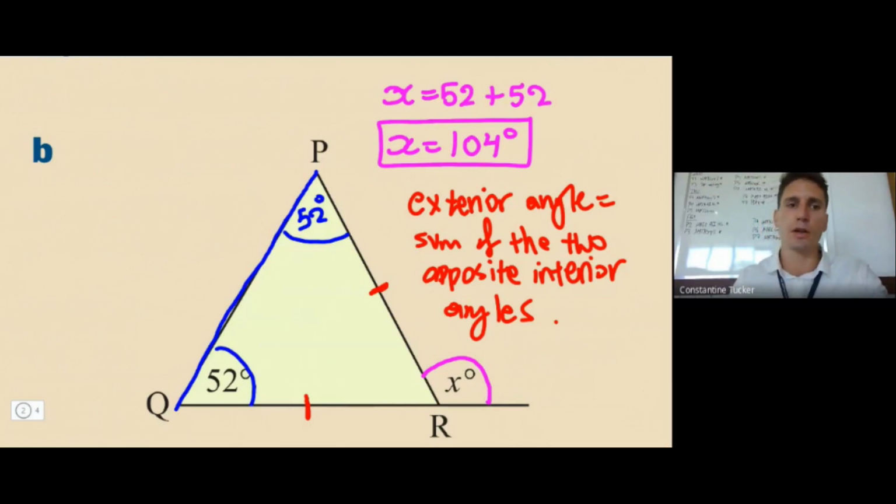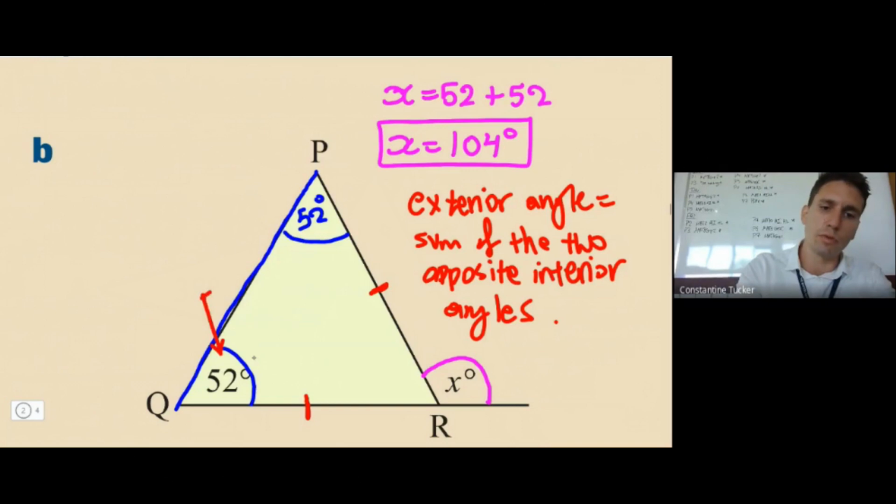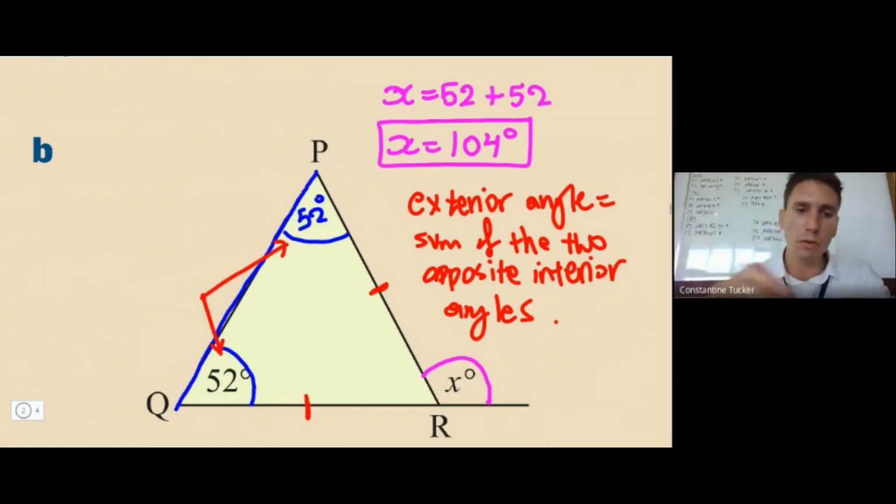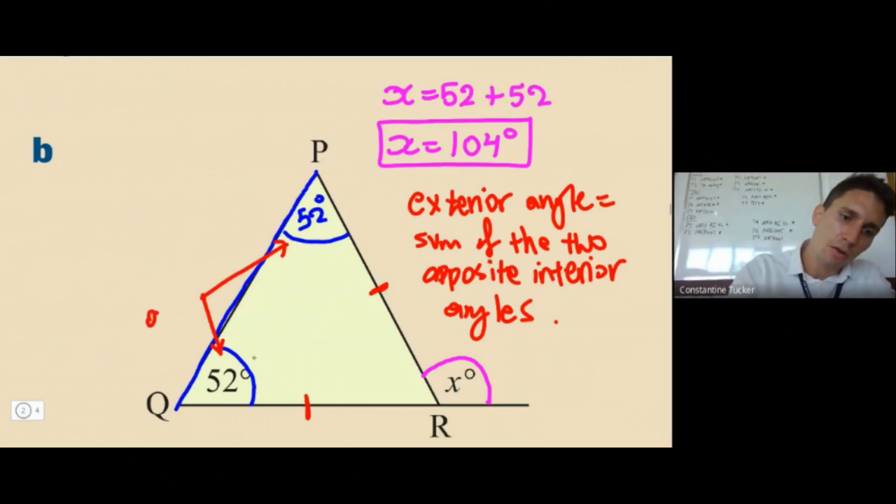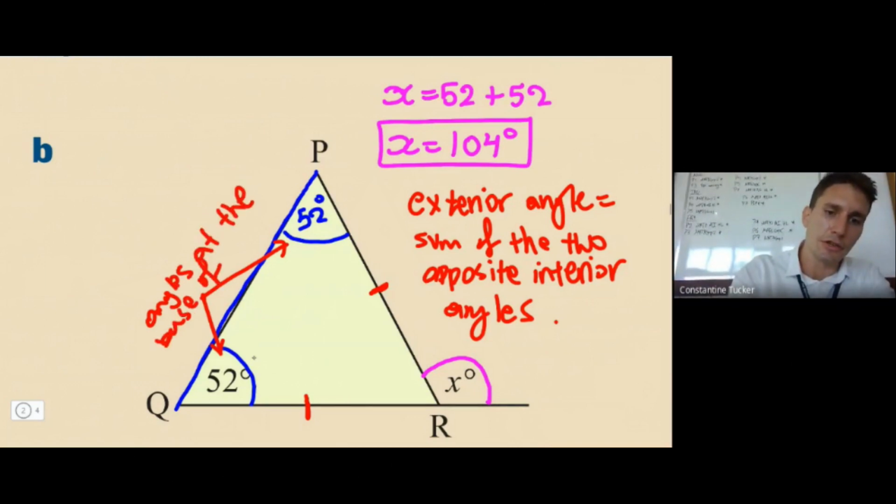There's certainly another way to do this. But I'd also like to mention here that we have to give a reason for these. Why are these equal? Because we've got angles at the base of an isosceles triangle. We don't have to elaborate further here. Let's just say angles at the base of an isosceles triangle.